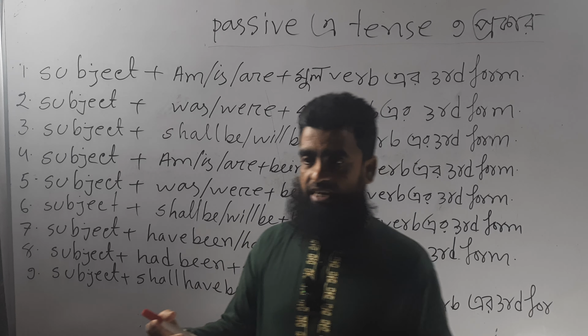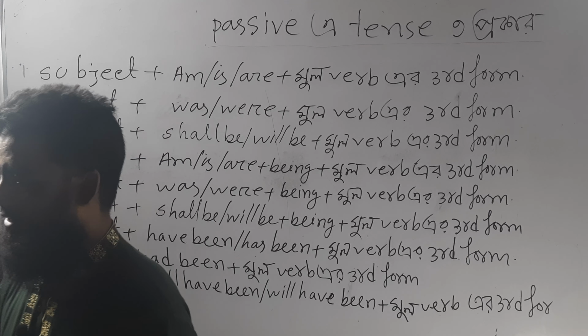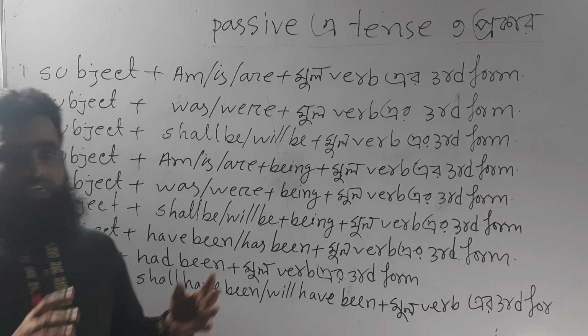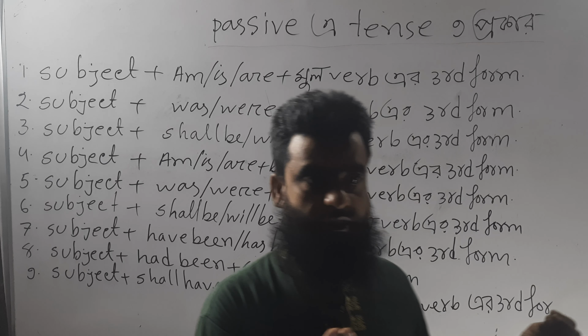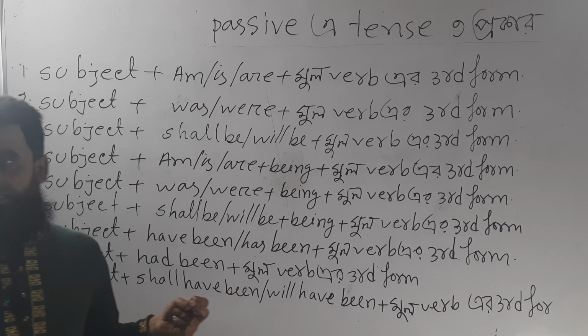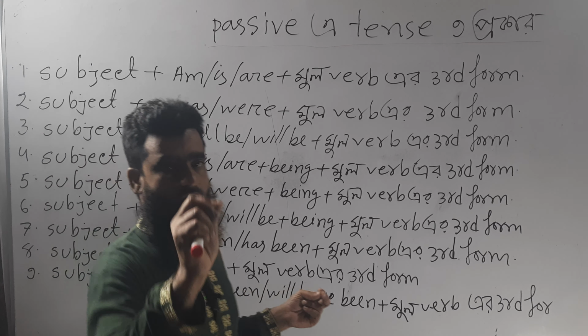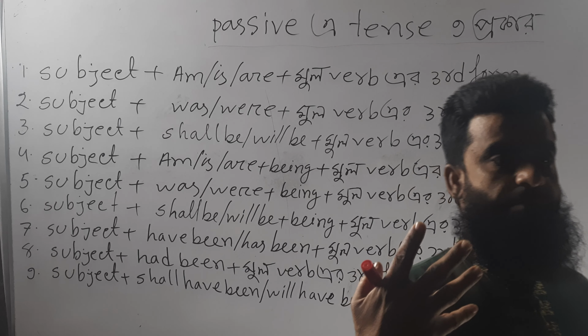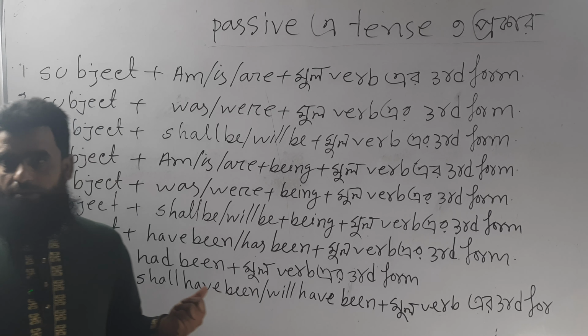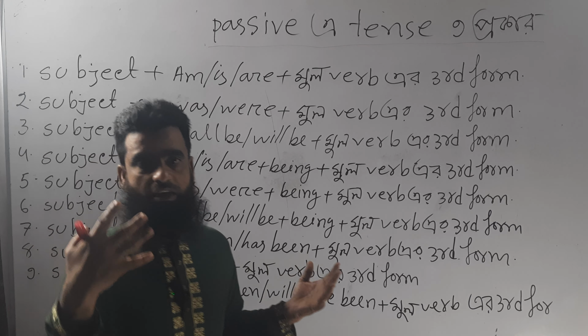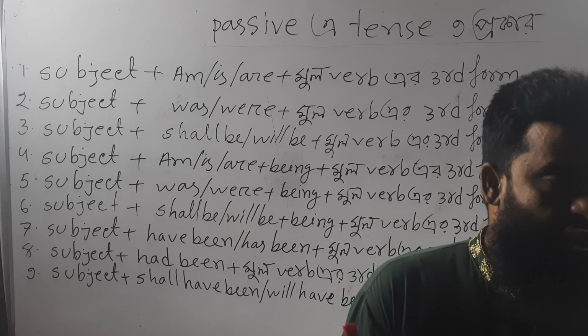If we want to change active into passive, we have to use the subject as object, the object as subject. Next, we have to use an auxiliary verb, then the past participle form of the principal verb. Next, we have to use a preposition.